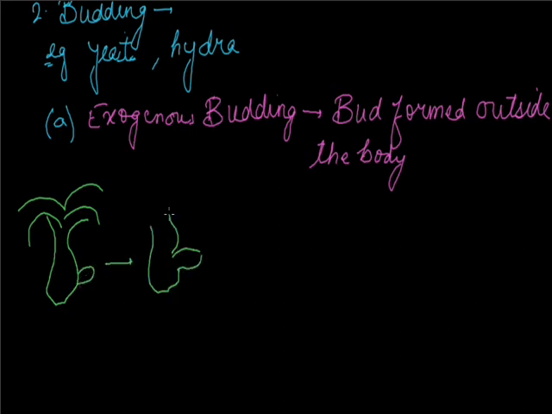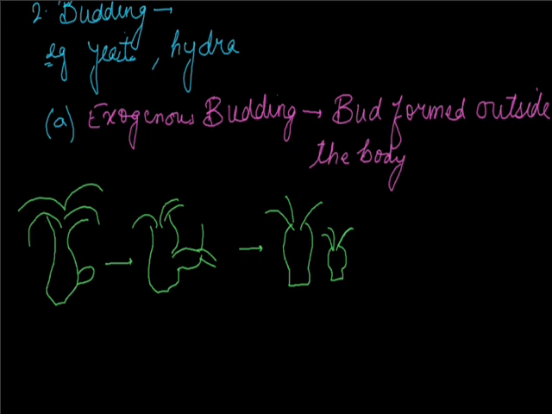This small bud further develops, and finally when it is fully grown, it detaches from the parent and grows as a separate individual. This is an example of exogenous budding, where the bud forms outside the body.